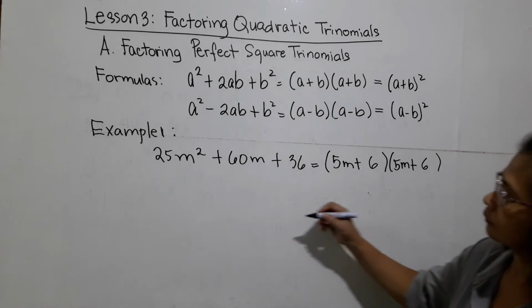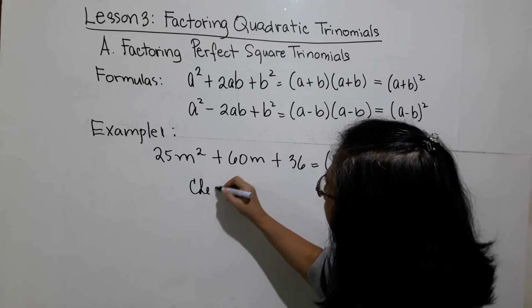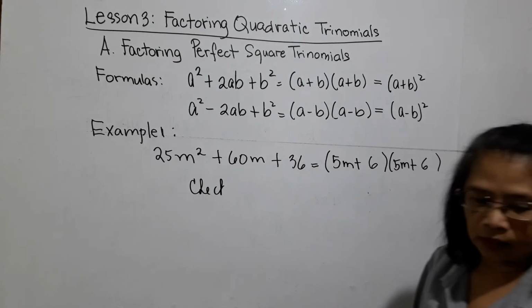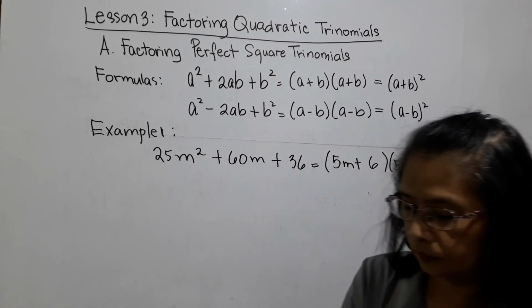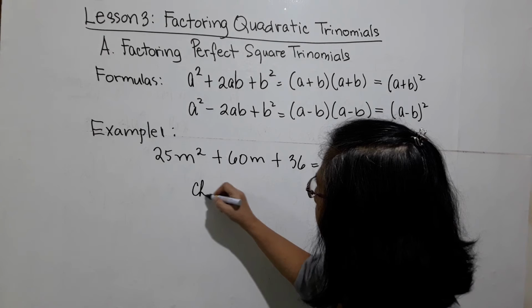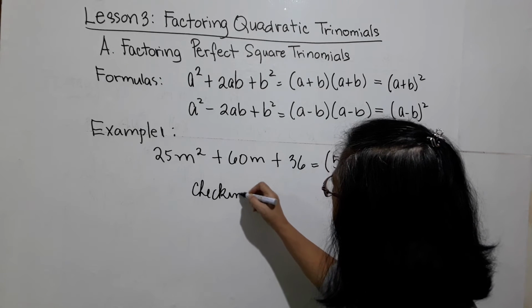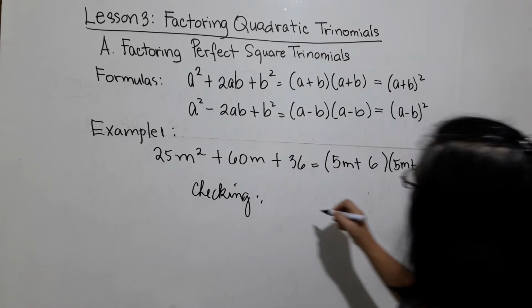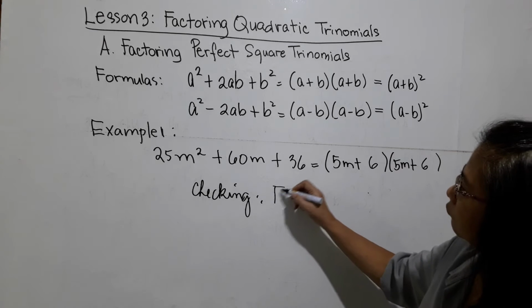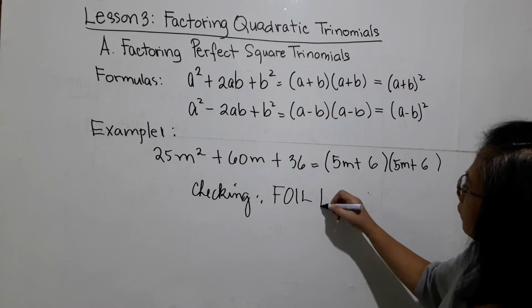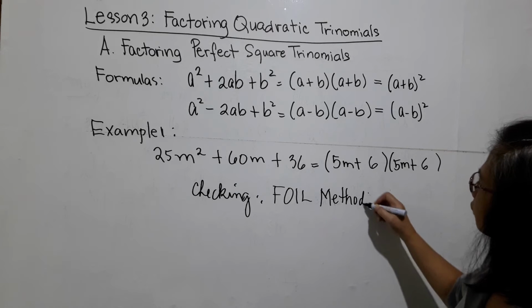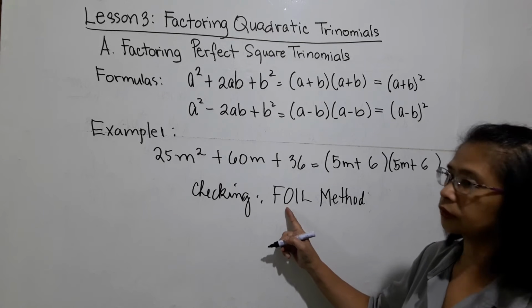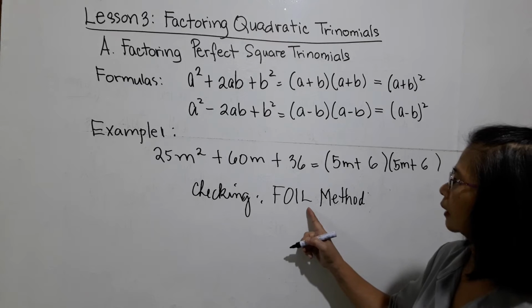Let us check if we will arrive at the same trinomial. By checking, you do the FOIL method: the first terms, outer terms, inner terms, and the last terms.